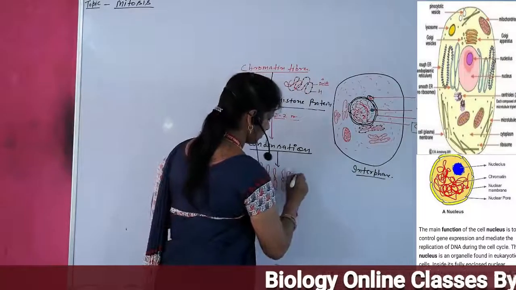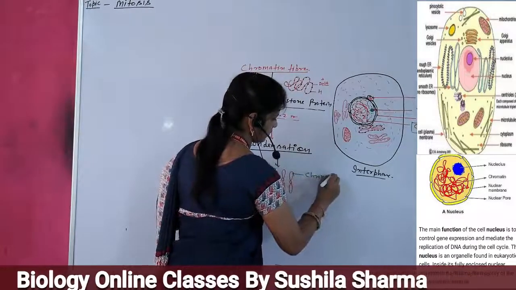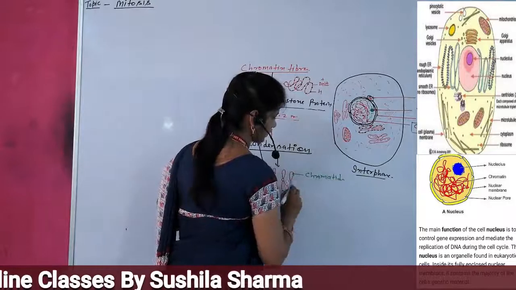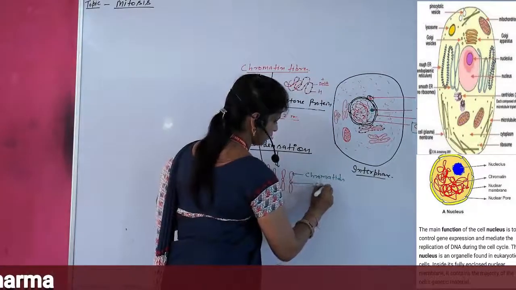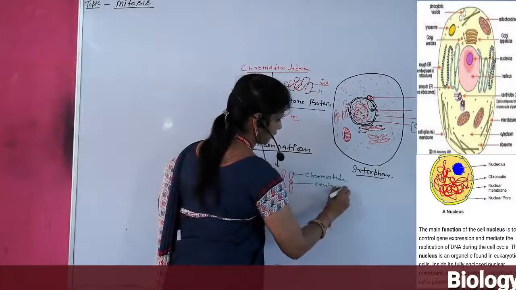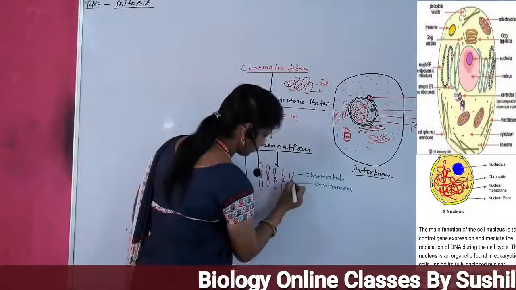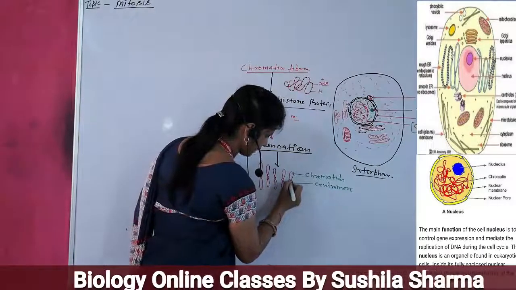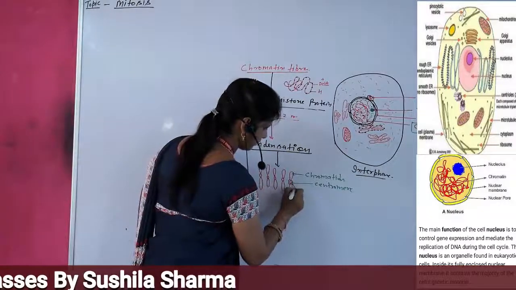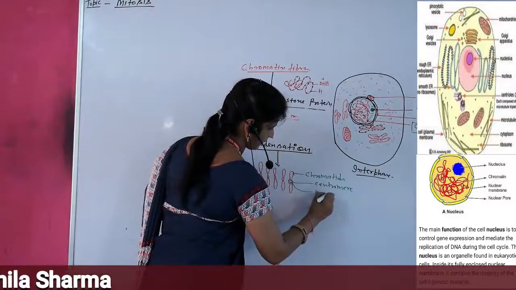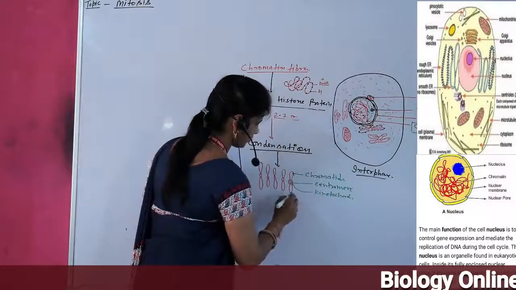The arm-like structure is called chromatids. The central part is called centromere. The centromere is covered by a disc-like structure, which is called kinetochores.